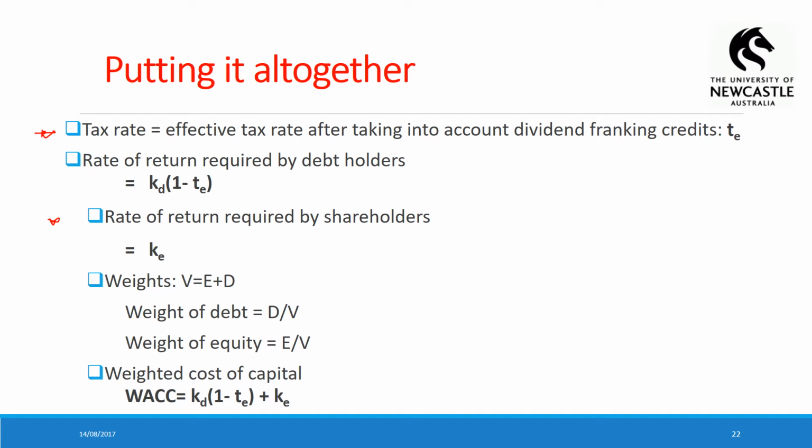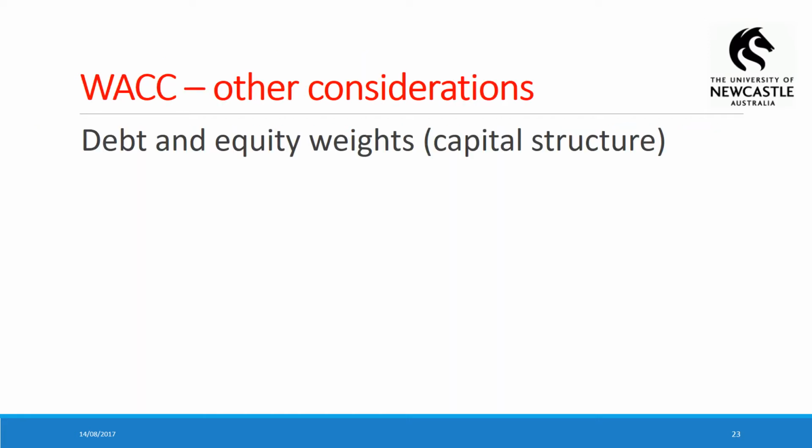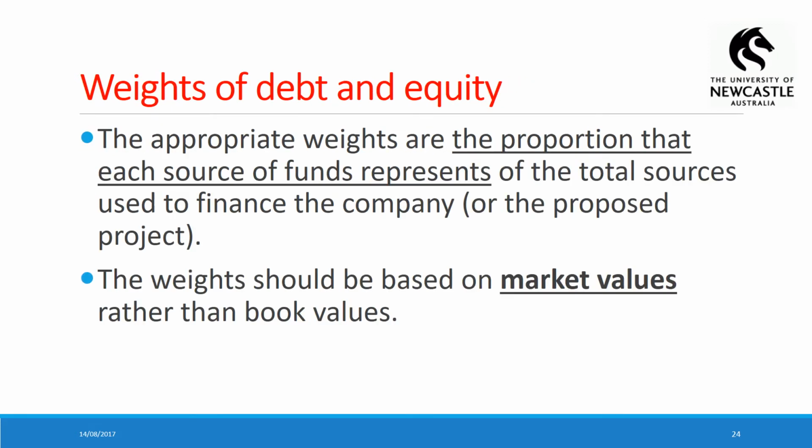Next, we're looking at the weights of debt and equity, right? With debt and equity, we also have the security issuance cost as well, besides the debt and equity weights.